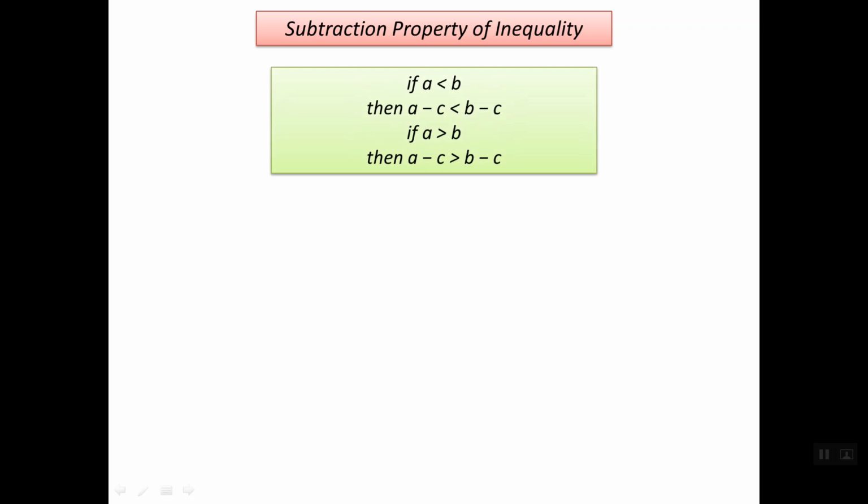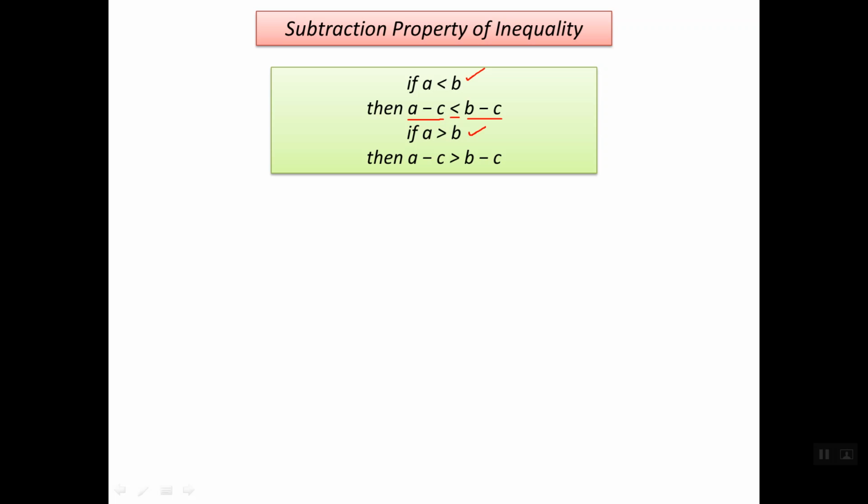Let's talk about the subtraction property of inequality. If we have an inequality which is a less than b, and we subtract c from the left side of the inequality, we should subtract the same value from the right side of the inequality, and see that the inequality sign stays the same.